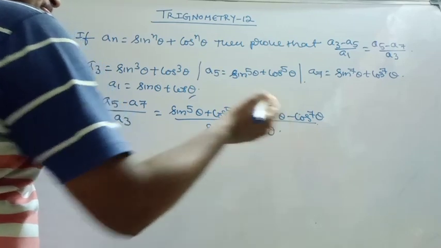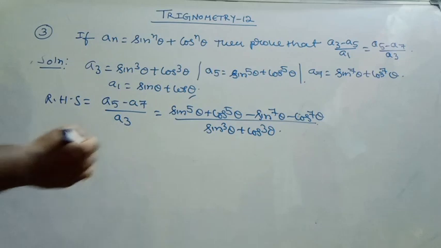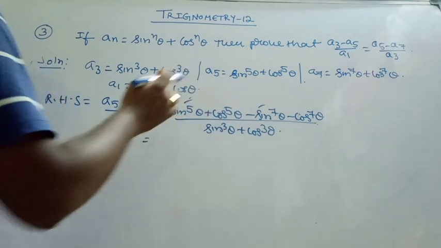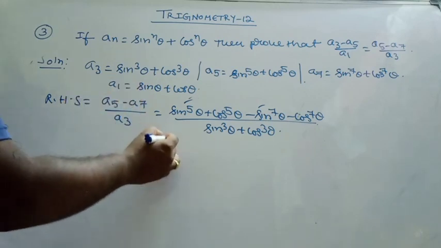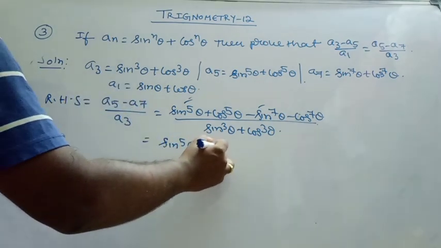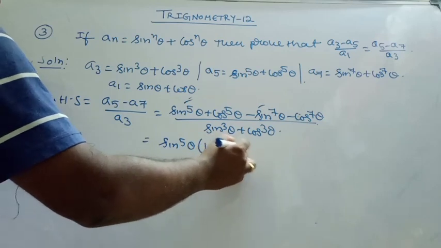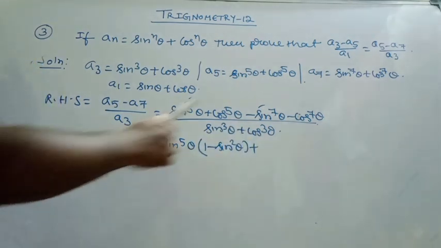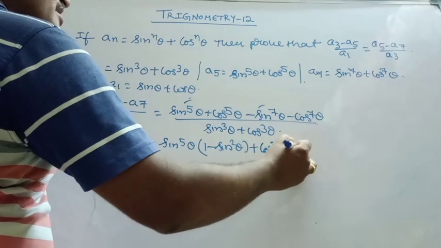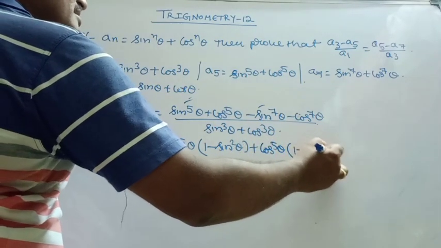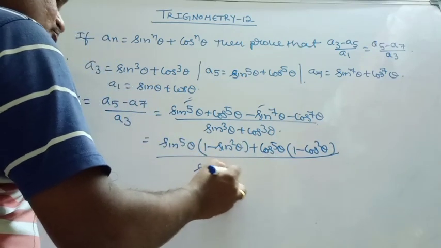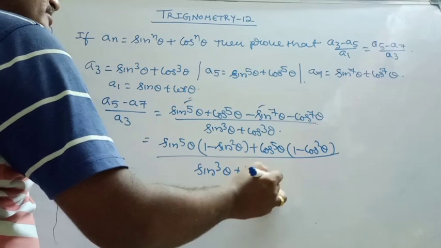Now in the same fashion, from sin power 5 theta and sin power 7 theta we take common sin power 5 theta, that becomes 1 minus sin square theta. Plus cos power 5 theta minus cos power 7 theta, if you take cos power 5 theta common, 1 minus cos square theta, whole thing divided by sin cube theta plus cos cube theta.